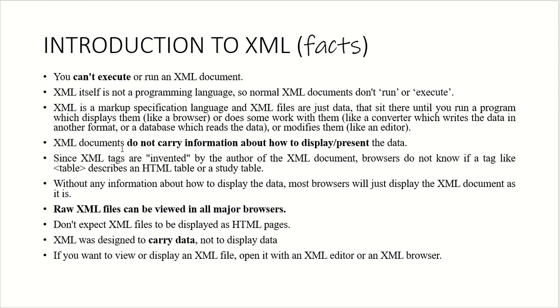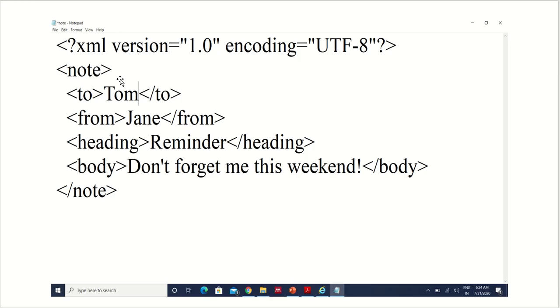Since XML tags are invented by the author of the XML document. Say for example, if I am creating an XML document, I have taken, say, this note. So this can be a note, or I can say this is important information can be the tag, or information can be the tag, or note can be the tag.